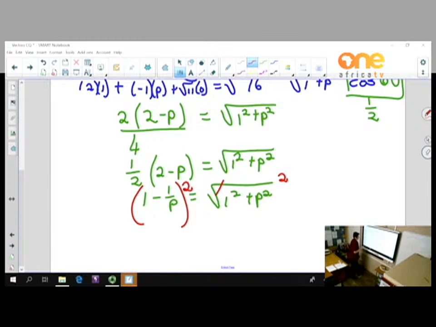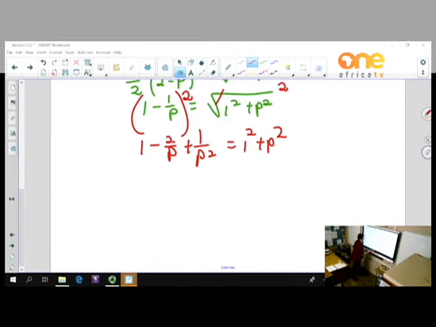And then, remember, this is going to give you a trinomial here. So we have 1 minus P plus a quarter P squared, which is equal to 1 squared plus P squared.